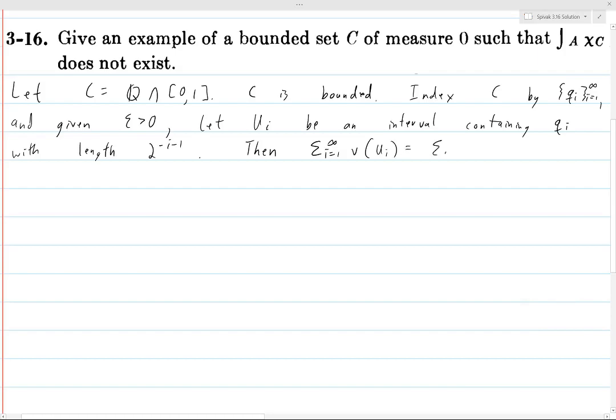This is the sum from i equals 1 to infinity of epsilon times 2 to the minus i minus 1. Because 2 to the minus 1 is 1/2, then a fourth, an eighth, the sum of 2 to the minus i from 1 to infinity converges to 1. So this sum is going to be epsilon.